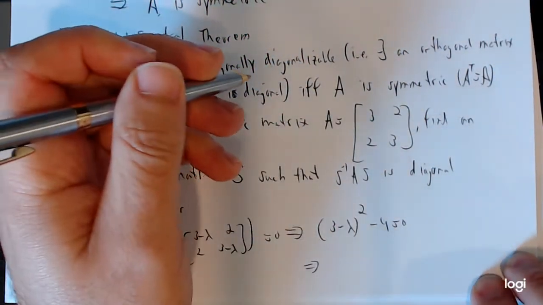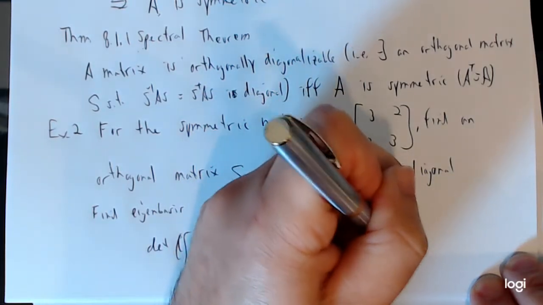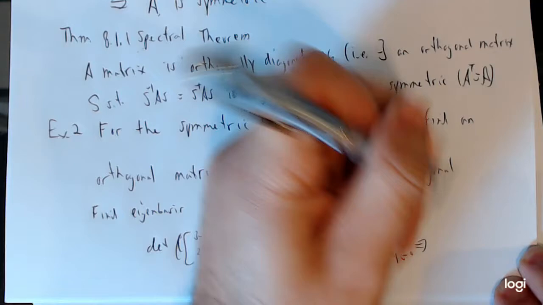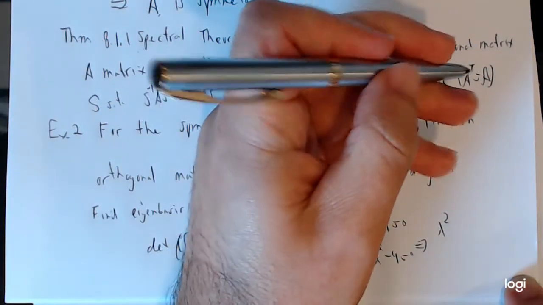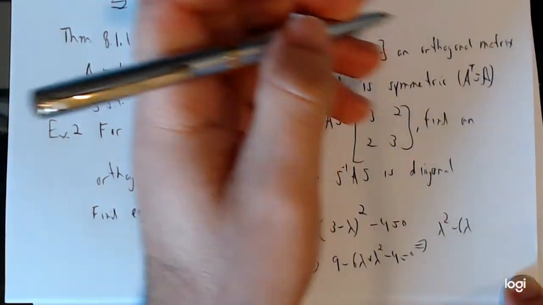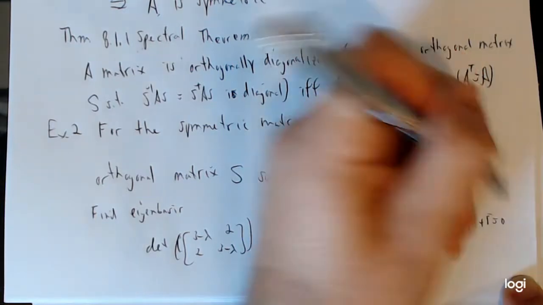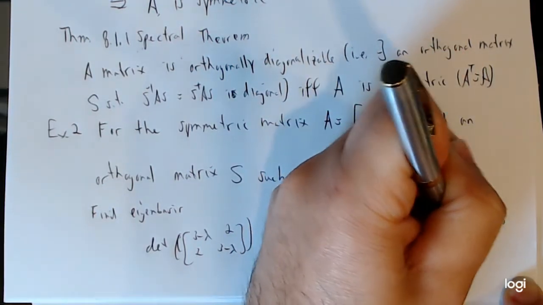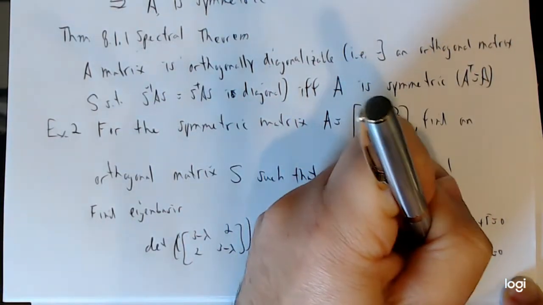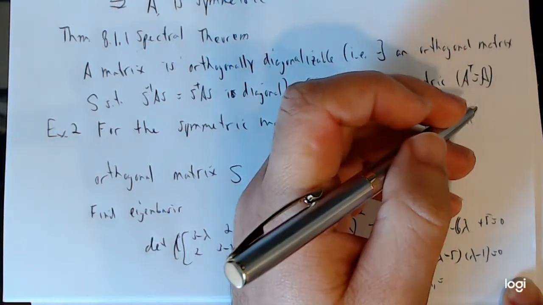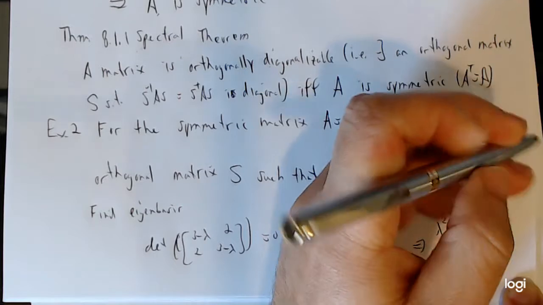If you simplify this, we get 9 minus 6 lambda plus lambda squared minus 4 equals 0, which becomes lambda squared minus 6 lambda plus 5 equals 0. This factors to (lambda minus 5)(lambda minus 1) equals 0, and then I get lambda sub 1 is 5, lambda sub 2 is 1.